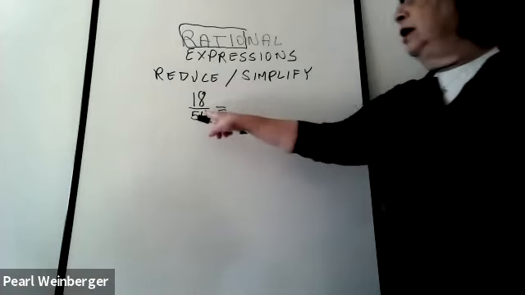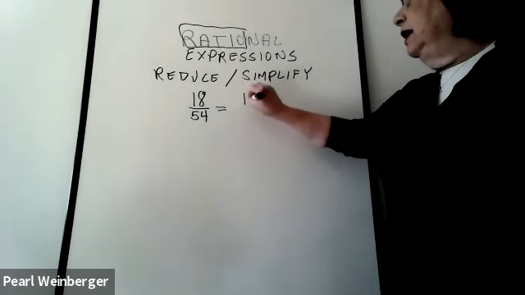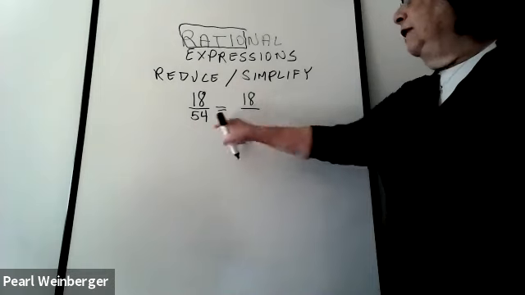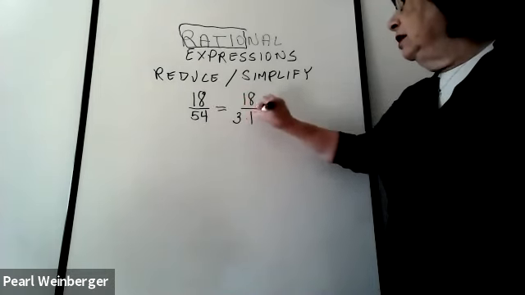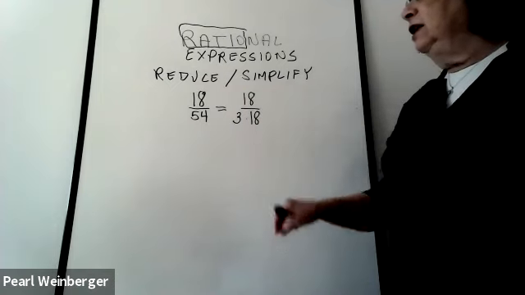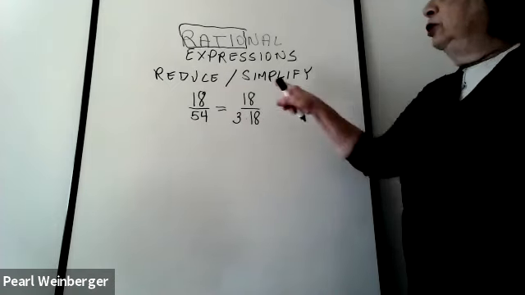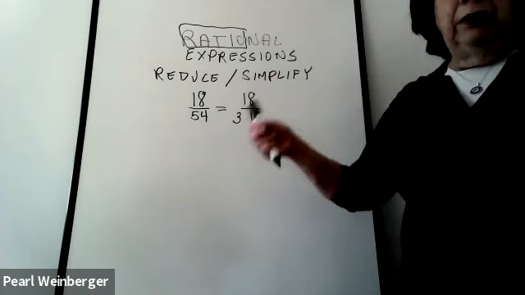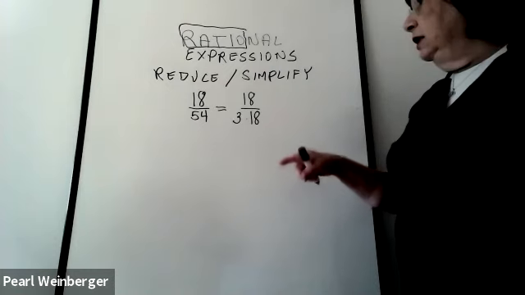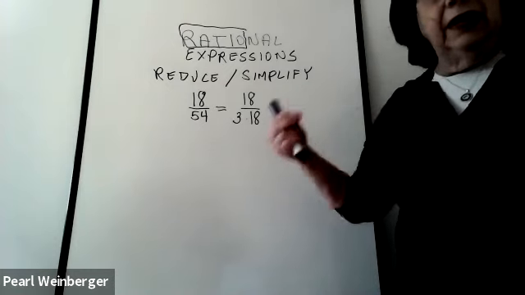Now, if you look in this fraction, the top is 18, and the bottom is actually 3 times 18, because 3 times 18 is 54. So I noticed that a common factor of both the numerator and the denominator is 18. When I see a common factor in the numerator and denominator, I can cancel it out.